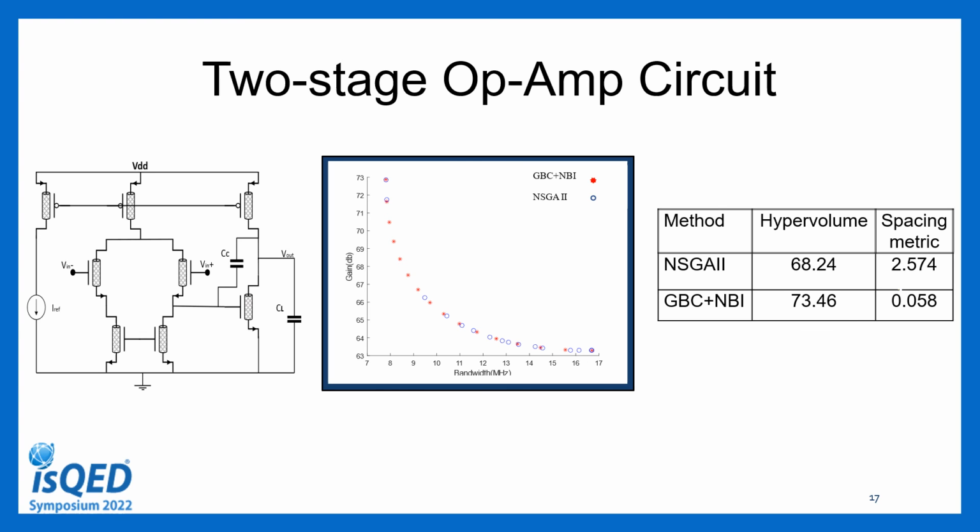As you can see, the spacing of our method is almost similar, and we applied our two metrics to these Pareto front points, and we can see on the right side that our method reached a higher hypervolume value and a lower spacing metric value, which indicate that our method is superior to the NSGA-II method for multi-objective optimization.